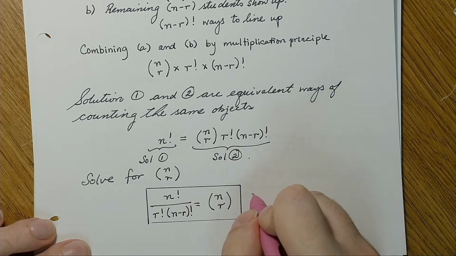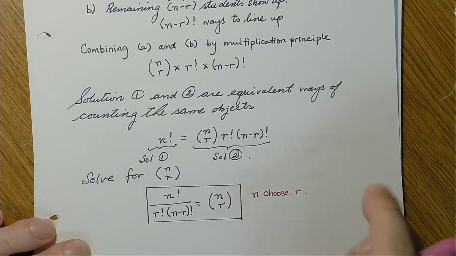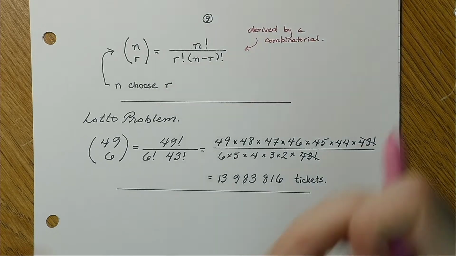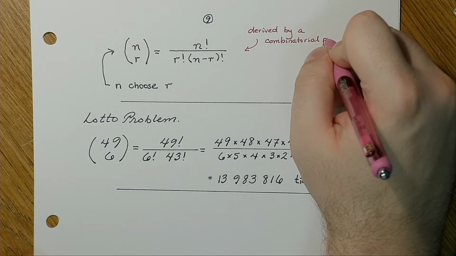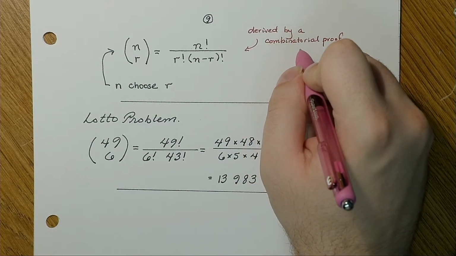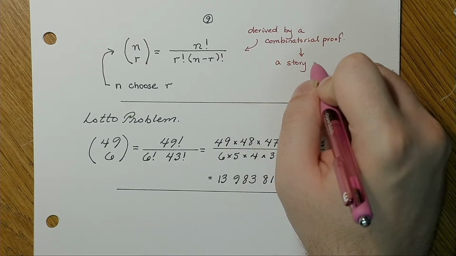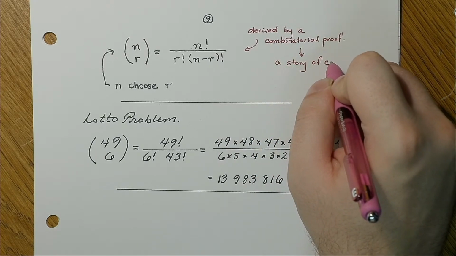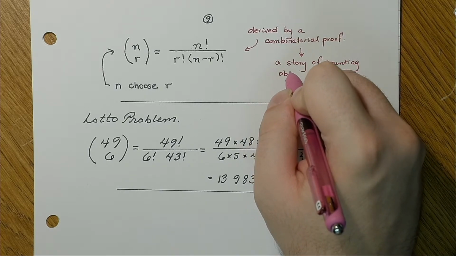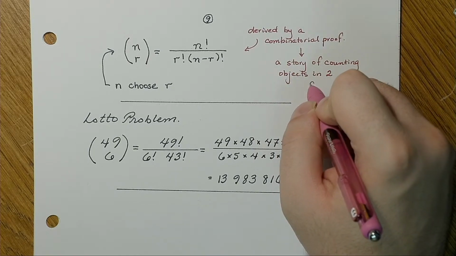So again, that's n choose r. And so that's derived by a combinatorial proof. So you can think of it as a story of counting objects in two different ways.